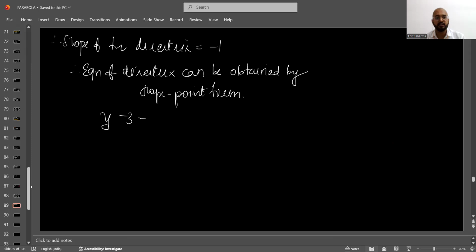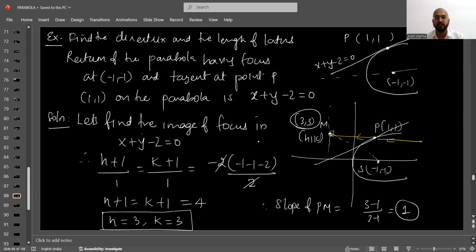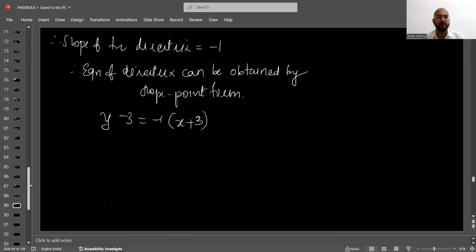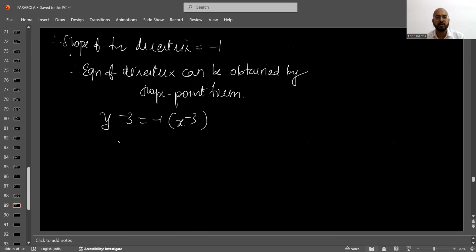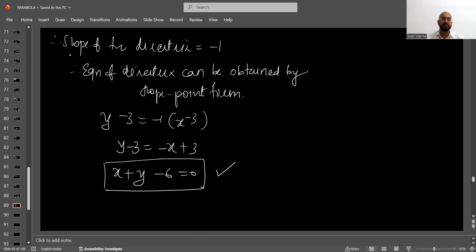So y minus 3 is equal to minus 1 into x minus 1. No, it's 3 comma 3 only. So we'll write down here minus 3. So I now have y minus 3 is equal to minus x plus 3. So I can get x plus y minus 6 is equal to 0. So this is the equation of the directrix.